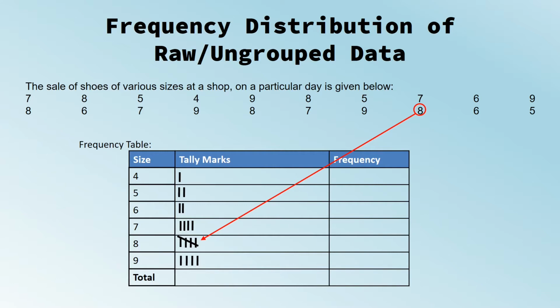So this represents a group of 5 times the number 8. Then we do it for the remaining numbers in our table.